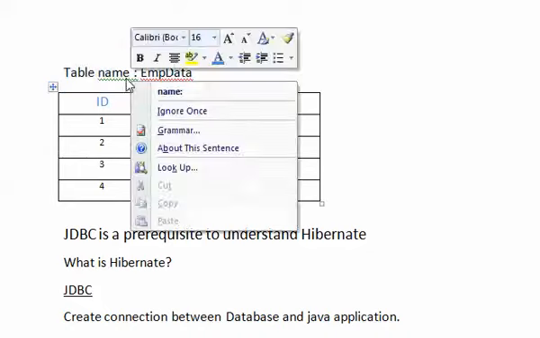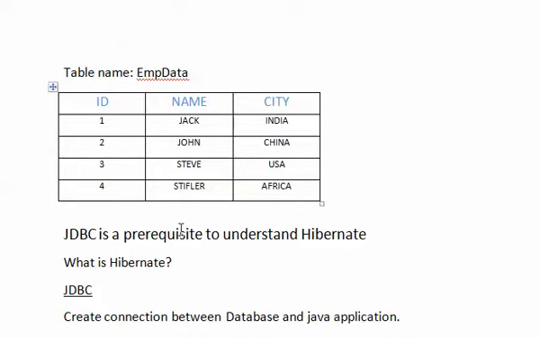Using JDBC, if you want to create a table, you have to write a query: create table with ID as a varchar with the primary key, name with varchar 100 or 150, and city with a varchar 150. So we write a query to create the table using JDBC.